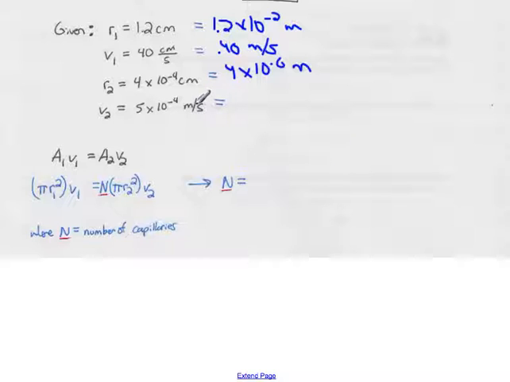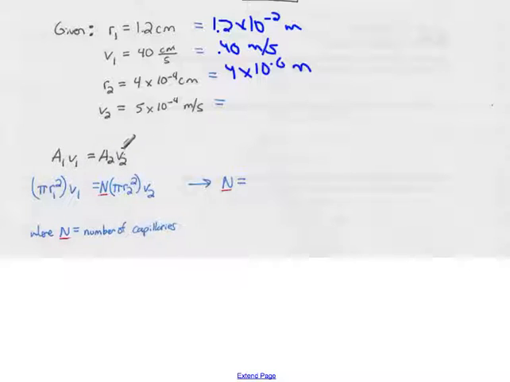Now remember, the thing they ask us is to estimate the number of capillaries there are in the body. We're not going to use the continuity equation to figure out one of the A's or v's. We're going to use it to estimate the total number of capillaries. So the first thing is just the fluid situation you have at the aorta.